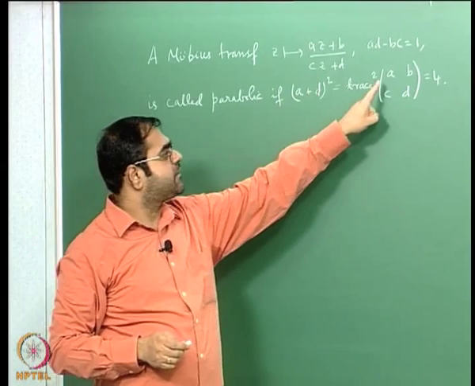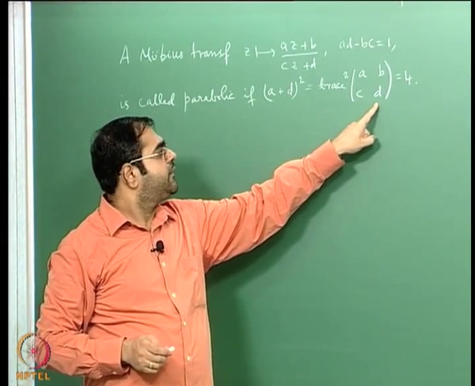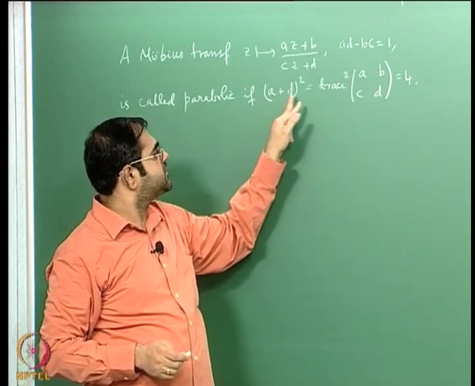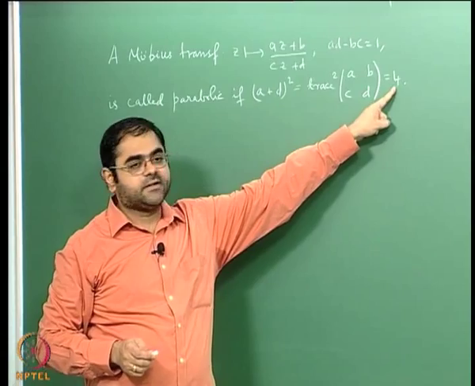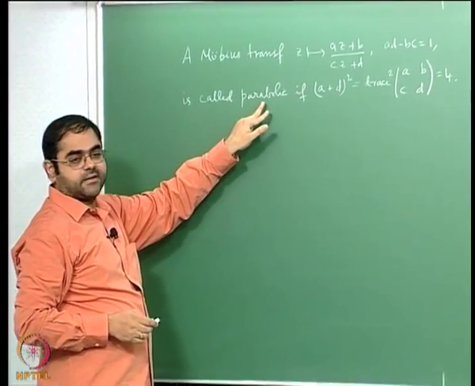Of course the other representative is −a −b −c −d, and if you take the trace squared, it will give you the condition that it is 4, the condition that it is parabolic.